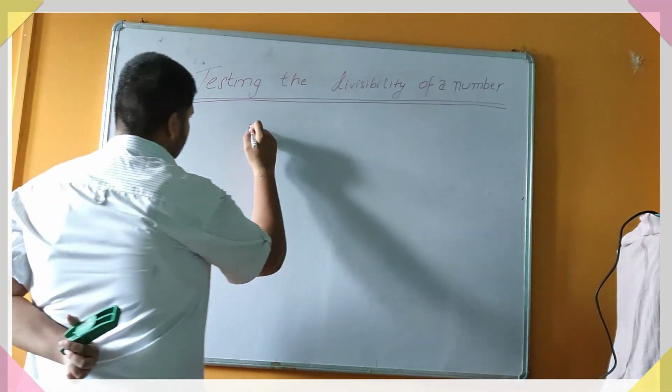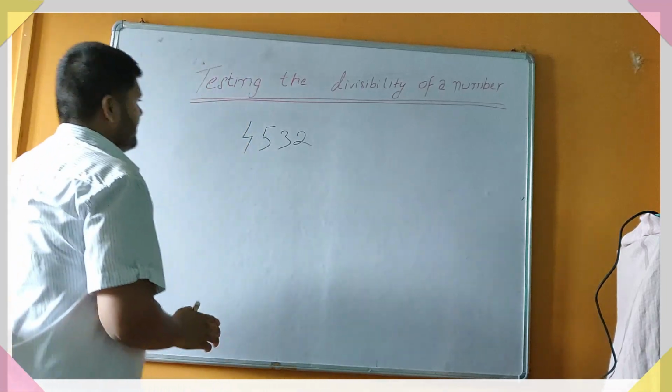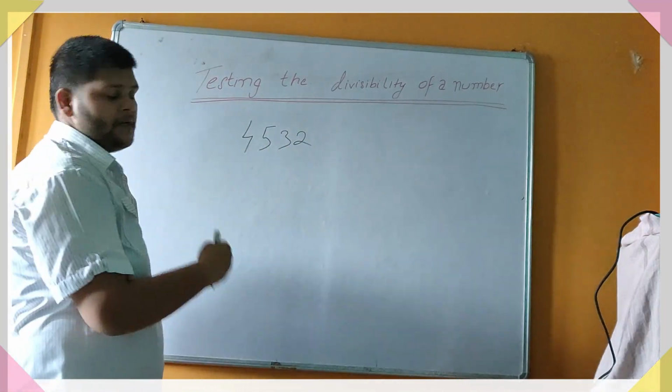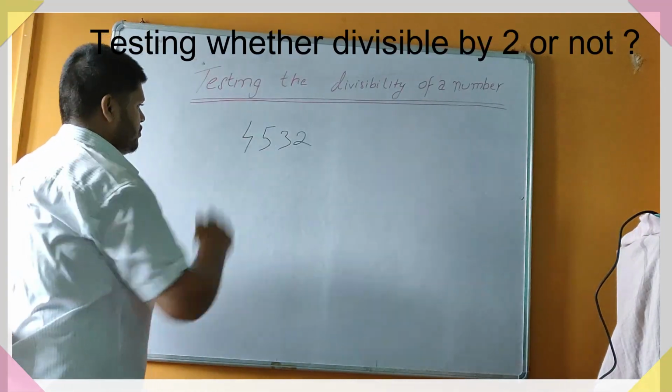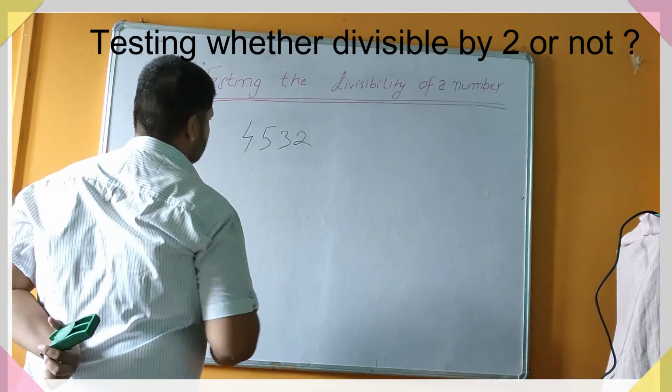So here we are taking one number, that is 4532, and I would like to say whether this number is divisible by 2 or not. How can we conclude that? To do that, we have to trace the unit digit number.